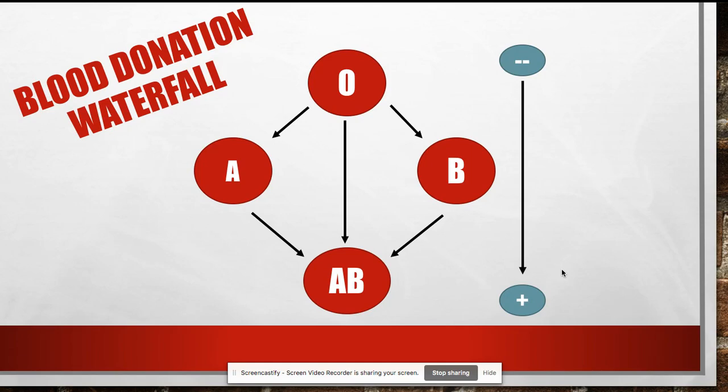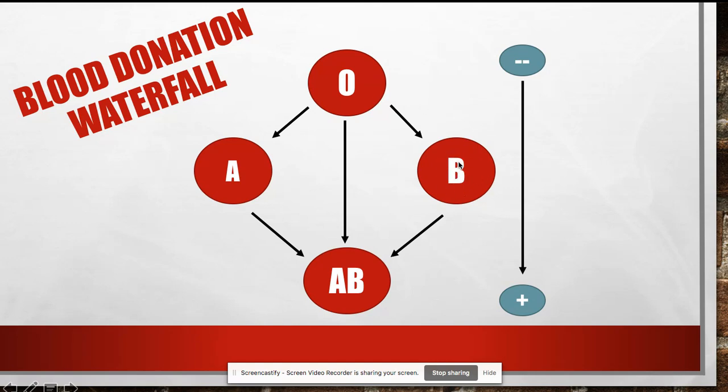So now, if I were to ask you, I have a patient that has B positive blood, what kind of blood can they accept? Well, I can look at this blood waterfall and say, B blood can accept B or O, sorry, yes, so I'd have to look up my waterfall.